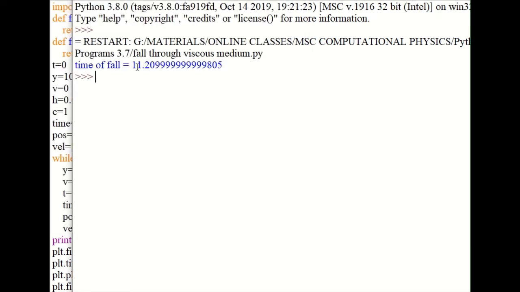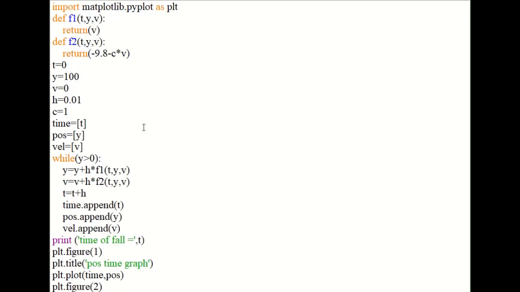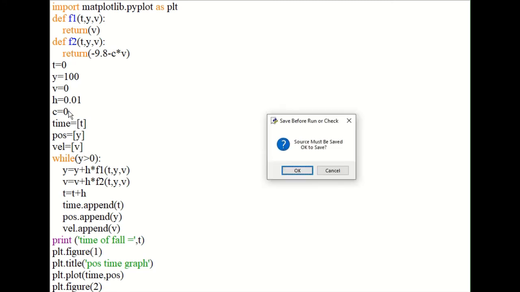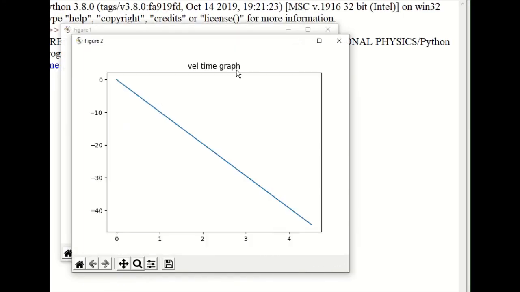So it took 11.2 seconds to fall. Now let us see what happens if I set c equal to 0, in order to see the position time graph as well as the velocity time graph. You can see that the velocity time graph increases linearly, and the time is just 4.5 something.